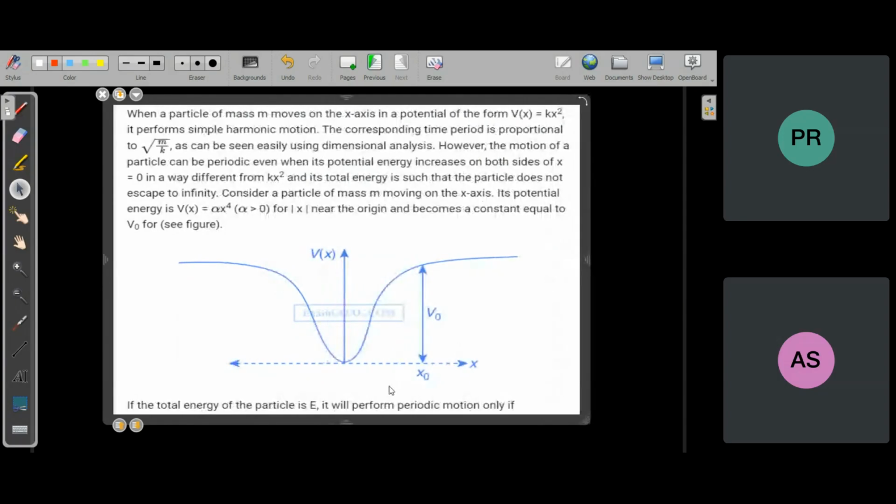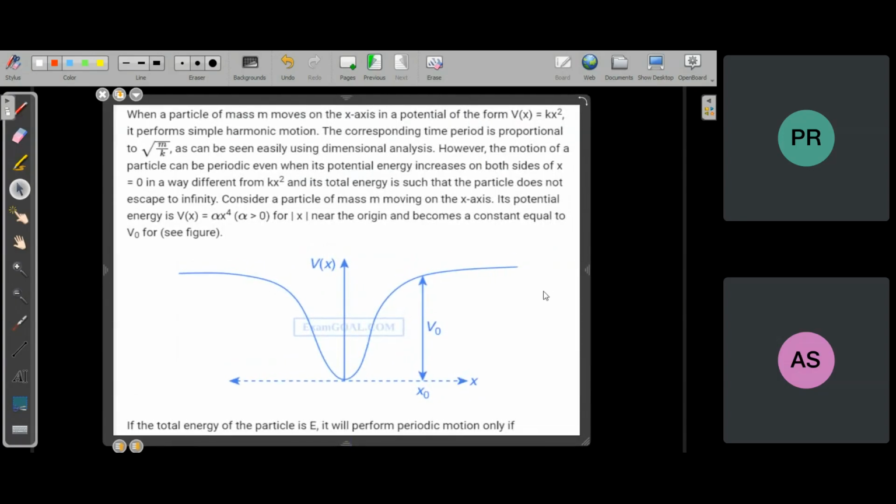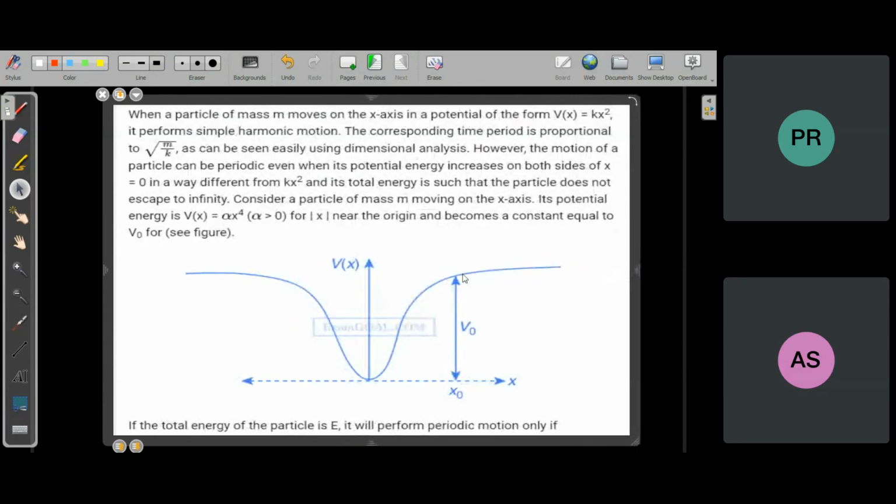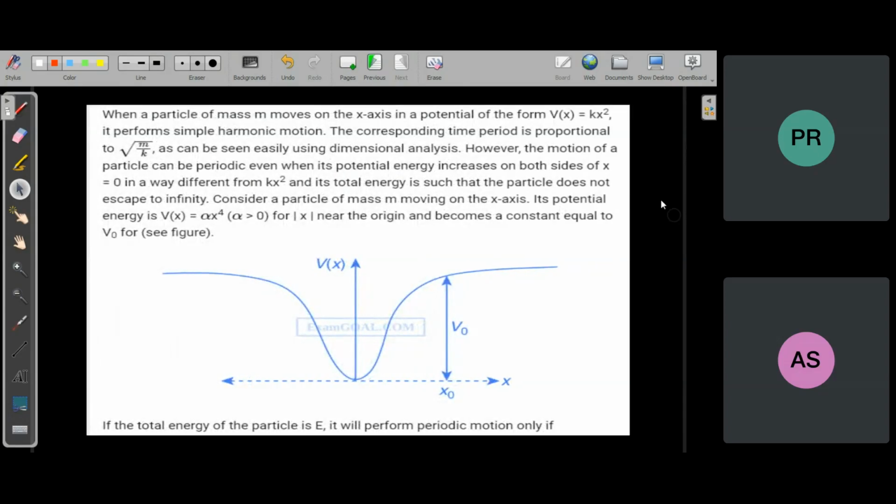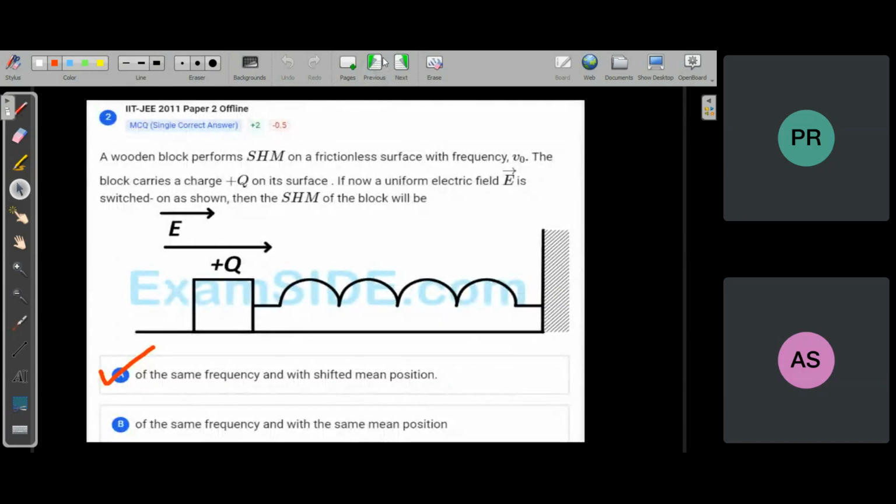You cannot say it does not depend on any external force. You can say that if a constant external force is acting, then it does not depend on that constant external force, because that constant external force is not the restoring force.